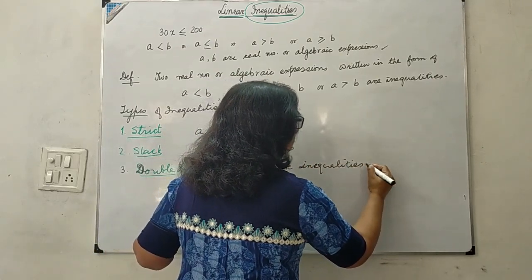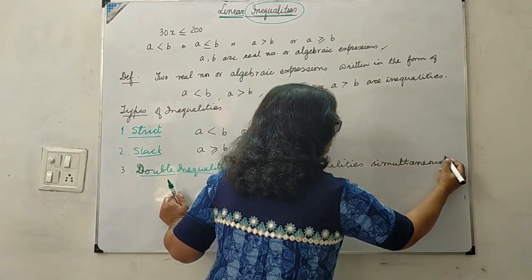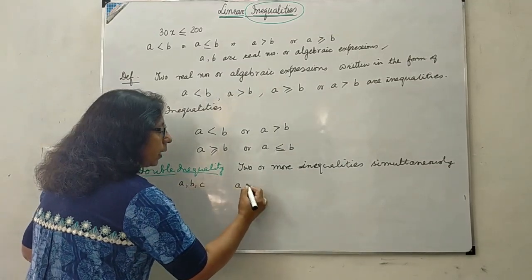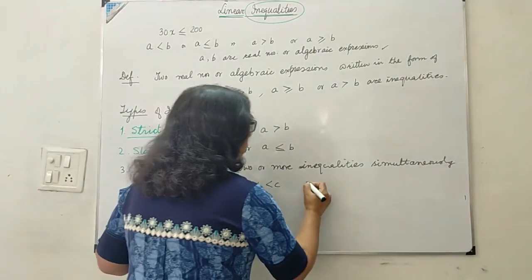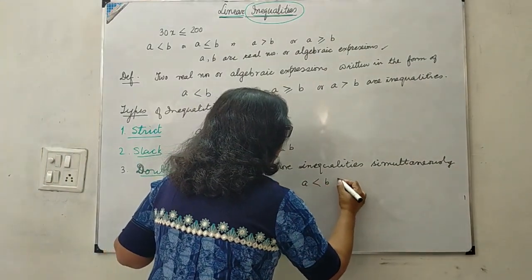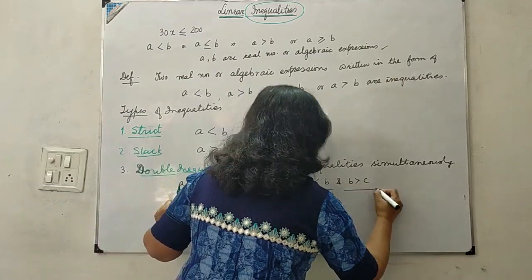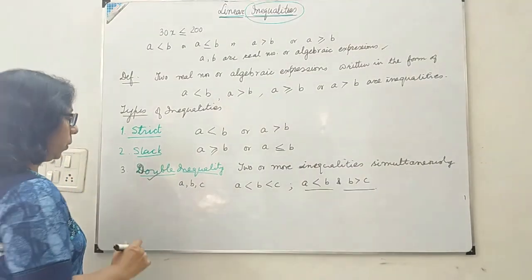For example, I have three numbers a, b, c such that a less than b less than c. Or I may have a less than b and b greater than c, etc. When we have two or more inequalities, these are called double inequalities.